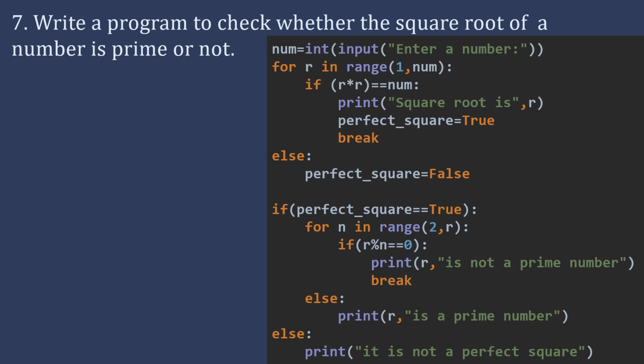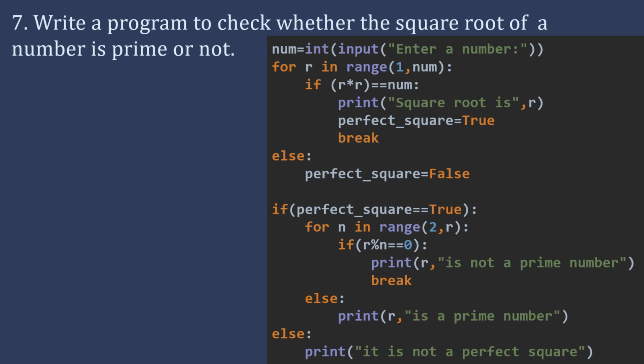So for n in range 2 to r, where r is the square root, it will check from 2 till r minus 1. So n will range from 2 to r minus 1. It will check if r is divisible by n or not. If r is divisible by n, that means there is some factor existing in the range 2 to r.